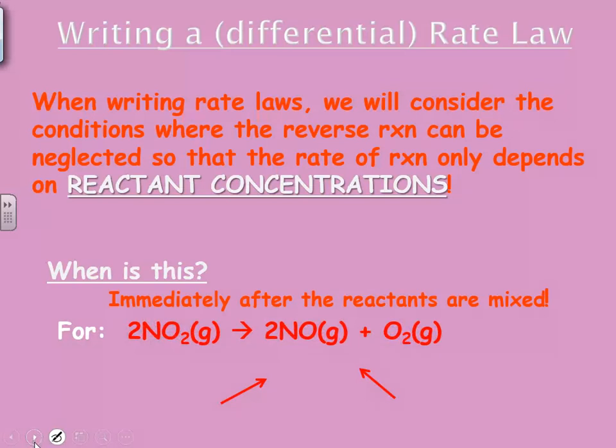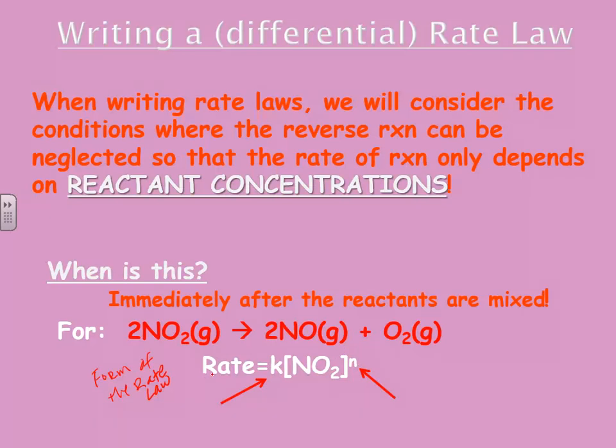So for the reaction 2 NO2 yields 2 NO plus O2 that we were looking at in the first video, you would write the form of the rate law. It's not complete until we actually solve for the exponent here, which is referred to as the order.